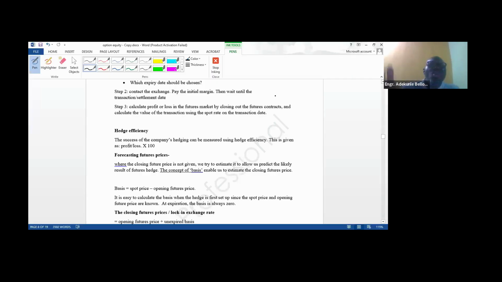The opening futures price is usually available, but the closing futures price may not be given.